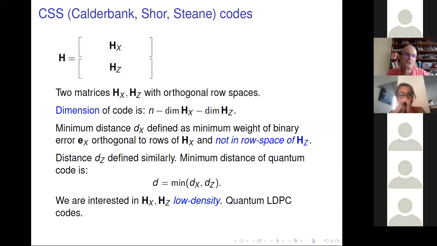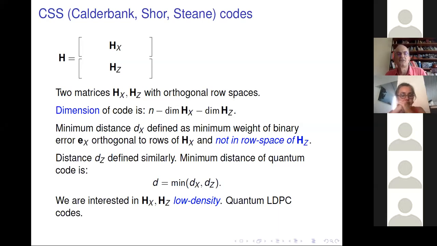But the important point is that those two matrices need to have orthogonal row spaces, orthogonal in the binary field sense. So that's it, that's a quantum code. The dimension of the code is given by n, which is the number of columns of both matrices, minus the length of the two matrices HX and HZ.